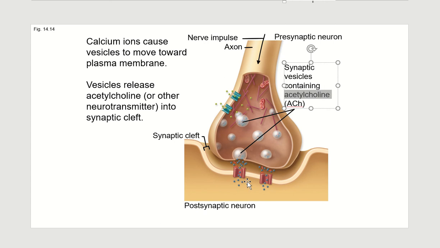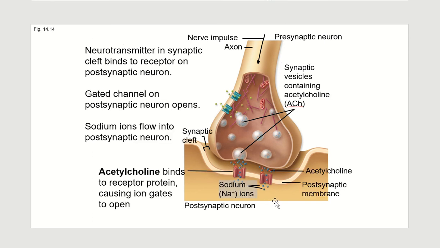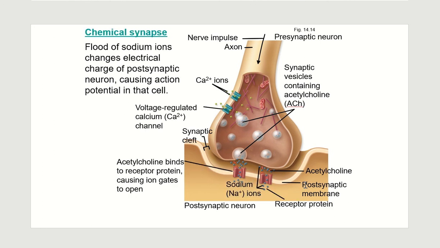So they're chemically gated, meaning they open because a chemical has bound to the channel. Once that neurotransmitter binds, then the sodium enters the cell. The sodium floods in, and that changes the charge inside the postsynaptic cell. Now we can have an action potential in the postsynaptic cell.